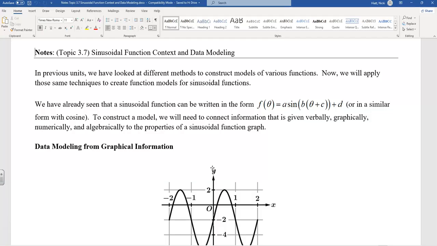It just wasn't in the context of an actual situation. So we have already seen f of theta equals a sine b parentheses theta plus c closure parentheses plus d, or that similar equation for cosine. So we are going to be working more and more with that, both with and without the calculator.